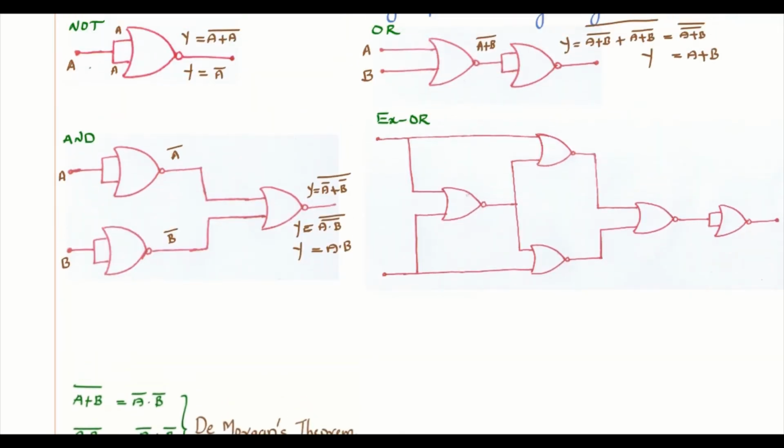Finally, the realization of exclusive OR gate using NOR gate. Let the inputs are A and B. The output of the first NOR gate is A plus B whole complement.